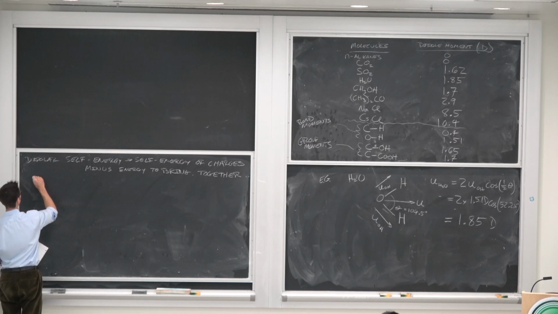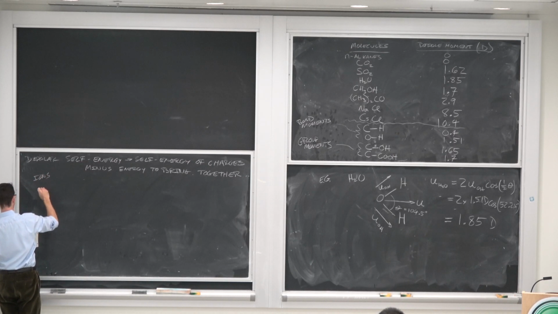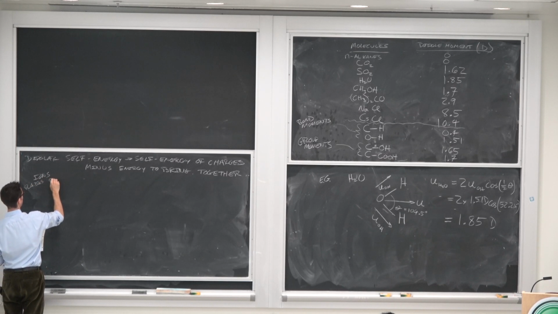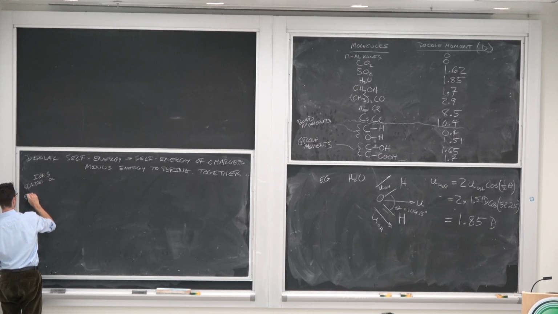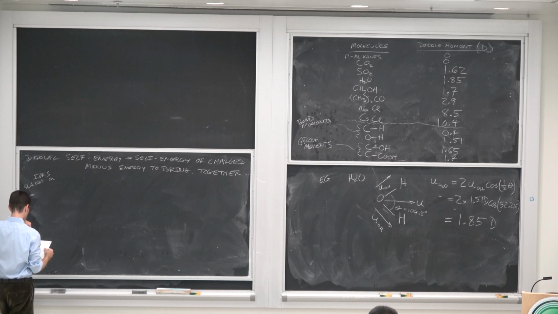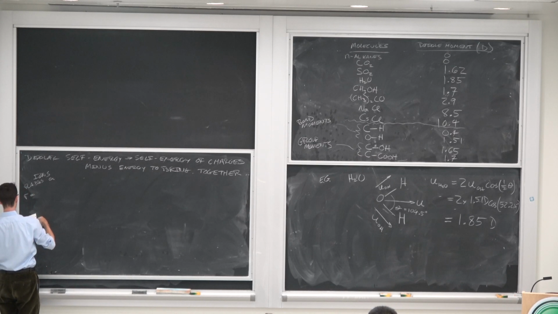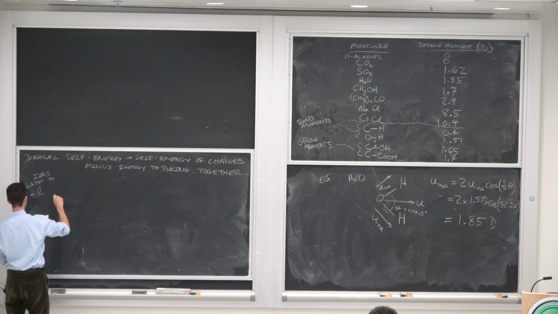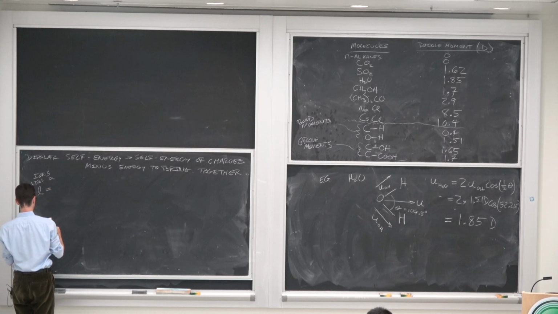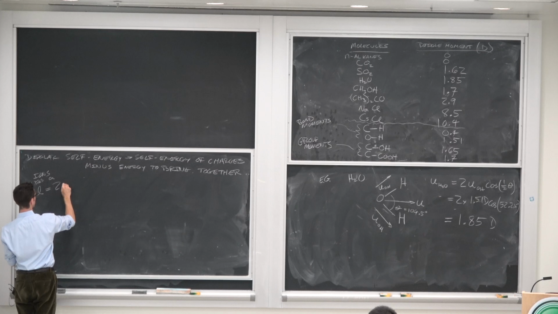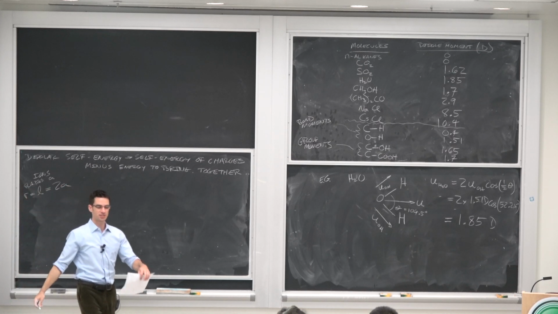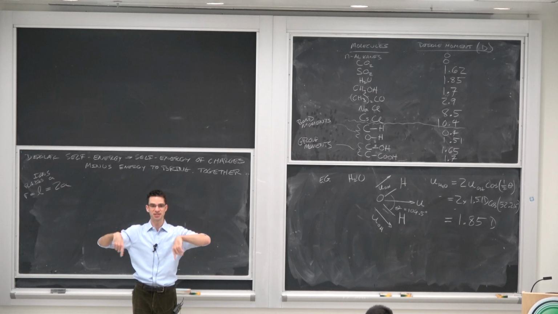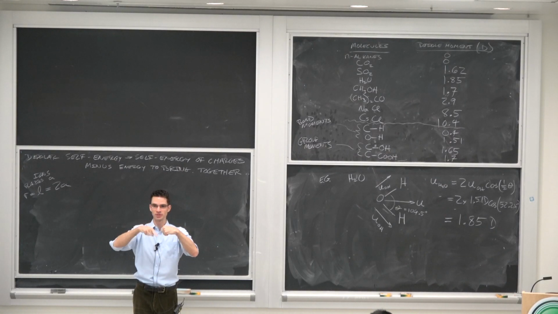So picture two ions of radius A, where R equals L equals 2A. So you're just taking two ions, you're going to approximate them as spheres, and they're just going to stick together with only their outsides touching.